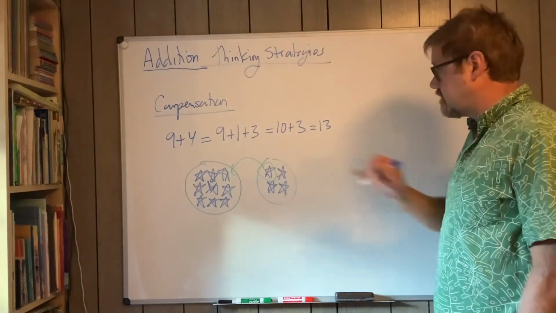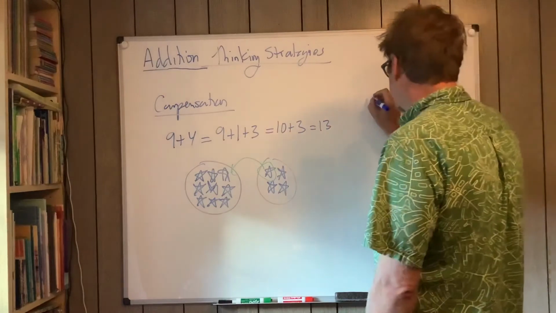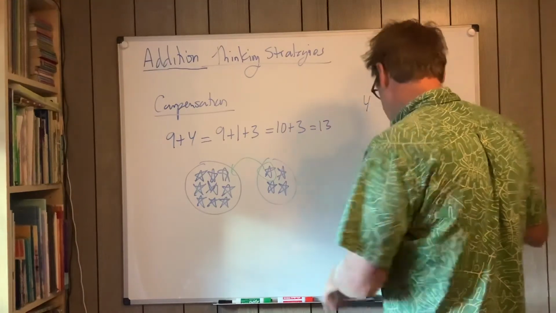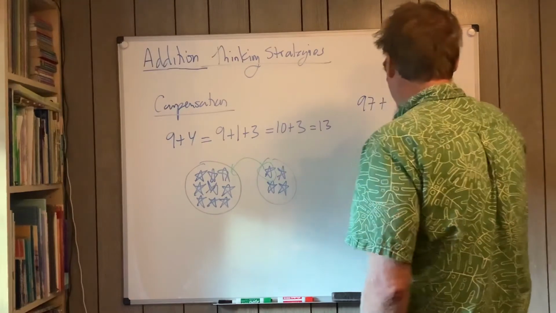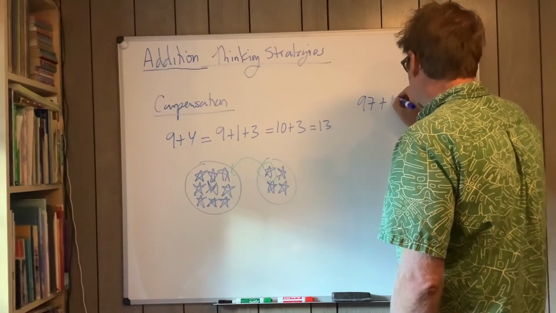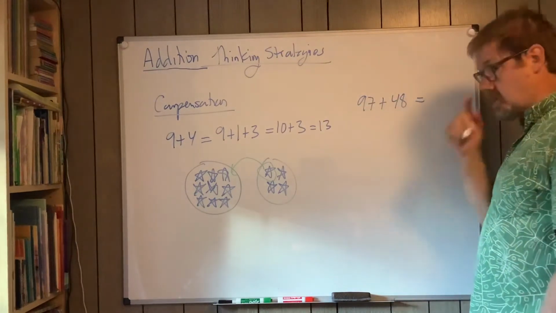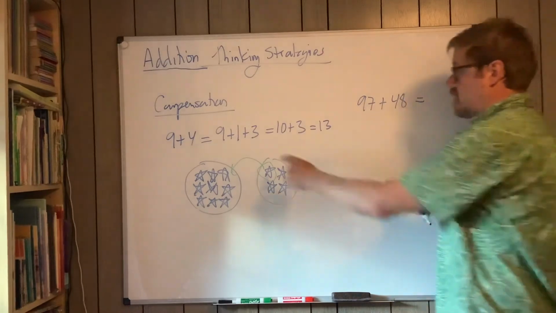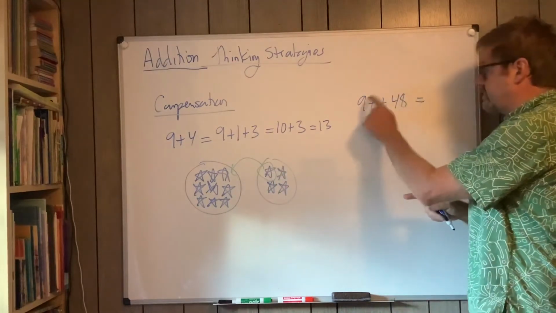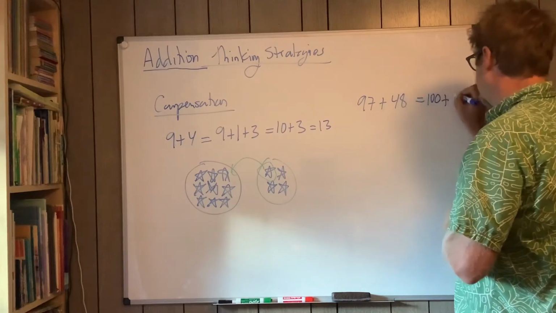And this is going to be huge a little bit later. If I have something like 97 plus 48, what we're going to do is not just compensate one thing like I did here, but move 3 things over to give me 100 plus 45.